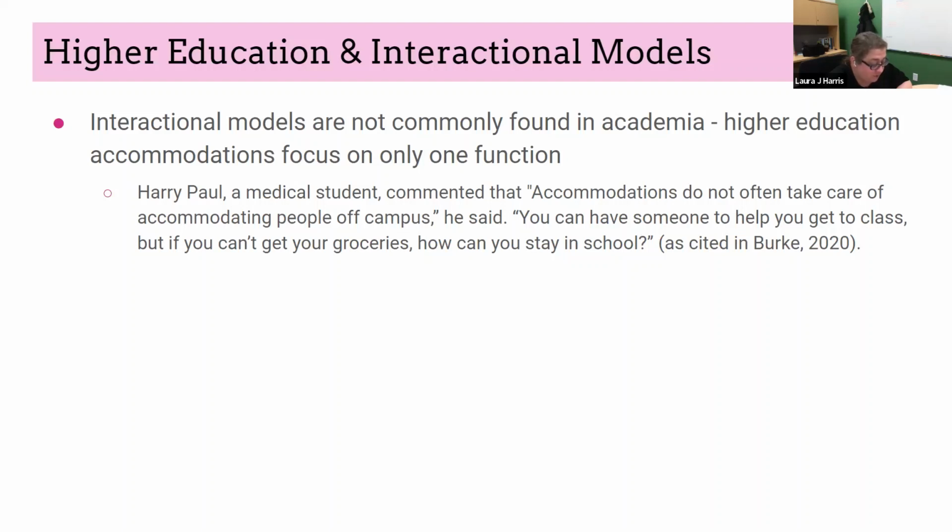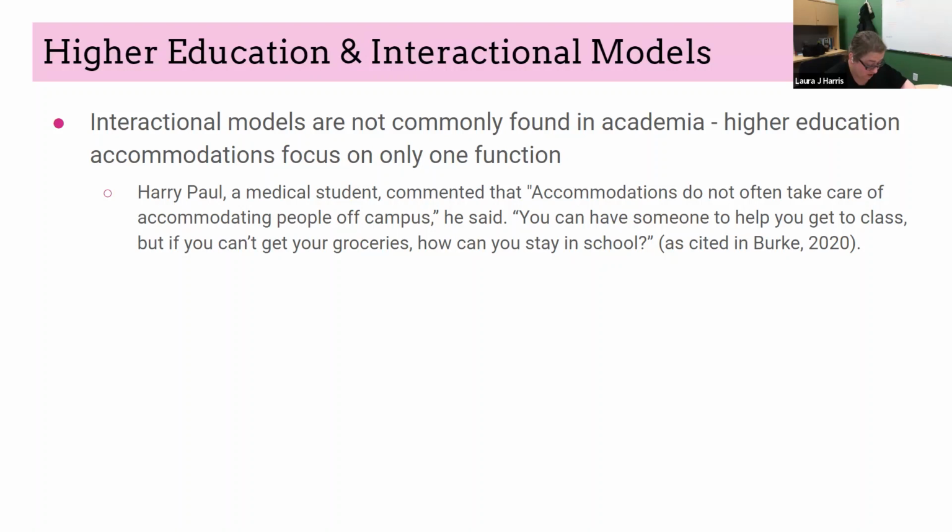You can have someone to help you get to class, but if you can't get your groceries, how can you stay in school? I really think disability services offices in general are really focused on that one function, the student function, the academic function, not the other things. And considering the majority of colleges are still residential colleges, I think that's kind of a glaring error.